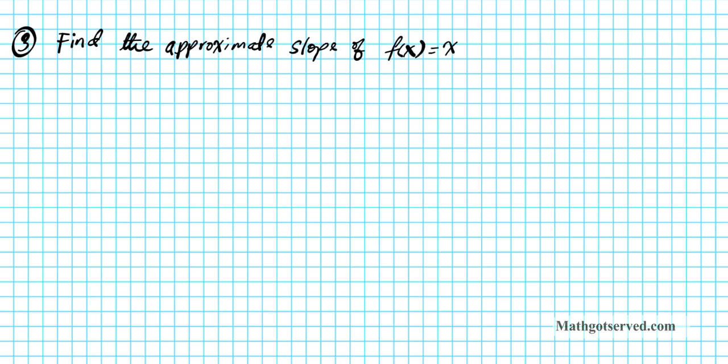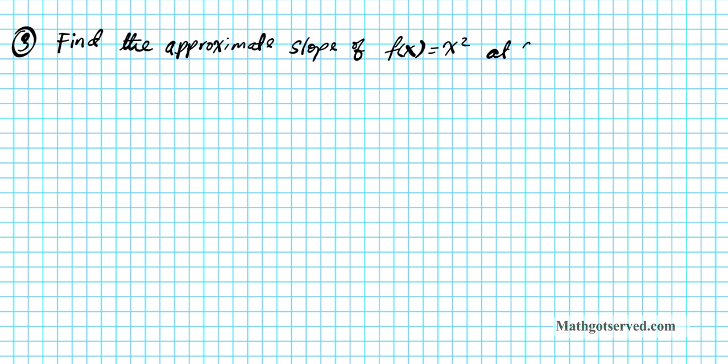All right, let's take a look at question number 3. For question 3, we are to find the approximate slope of the function f of x equals x squared.